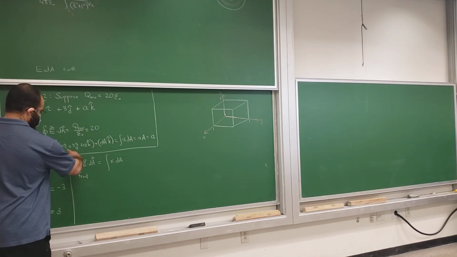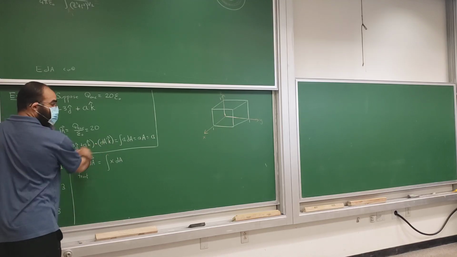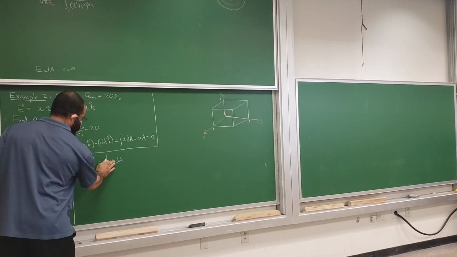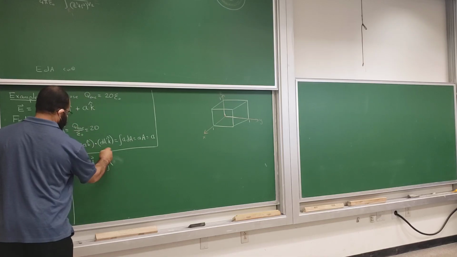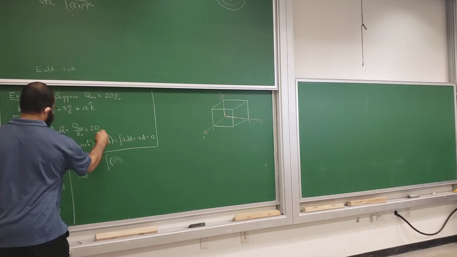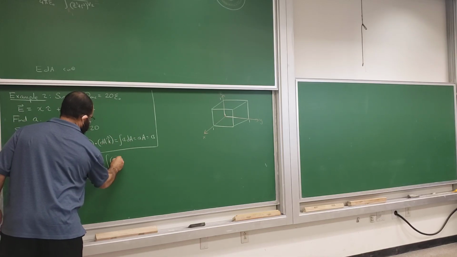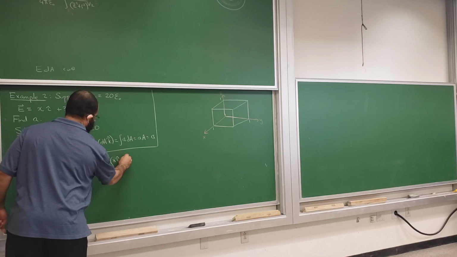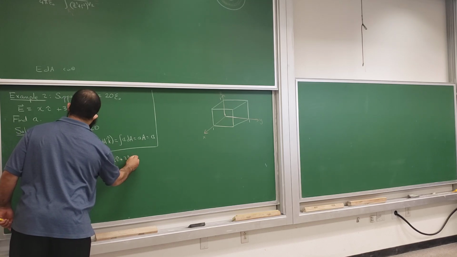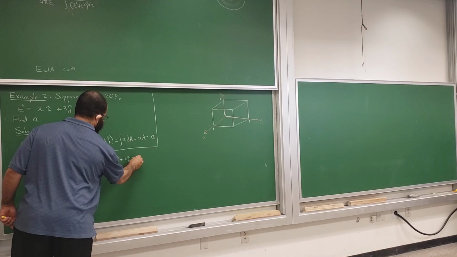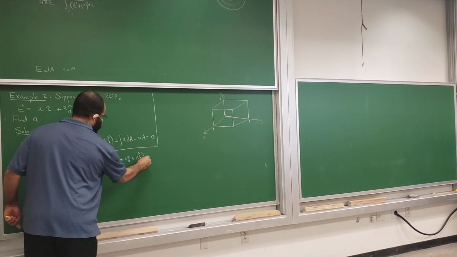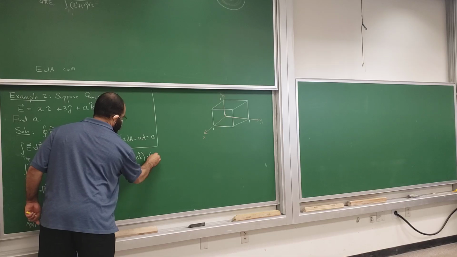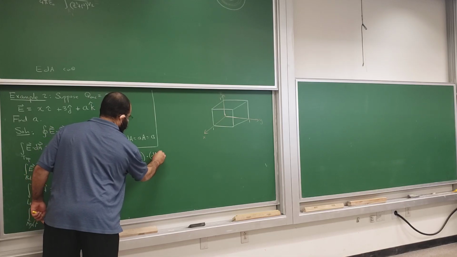So let's write down the electric field explicitly and dA explicitly. The electric field is given to us: x i plus a j plus a k. Dot product with dA, which is in the i hat direction, right?